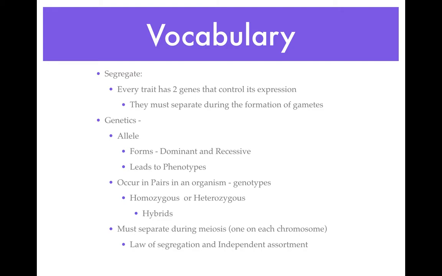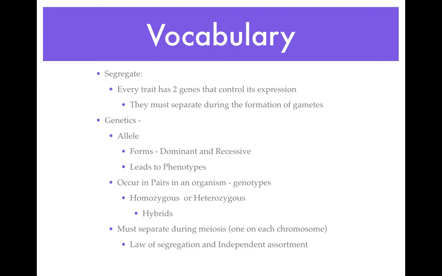If you got one allele from your dad for brown hair and an allele from your mom for blonde hair, you would be heterozygous for your hair color allele. If you had two blonde hair genes, one from mom and one from dad, you'd be homozygous for your hair genotype. And a hybrid is very similar to heterozygous. It's a cross between two homozygous individuals.